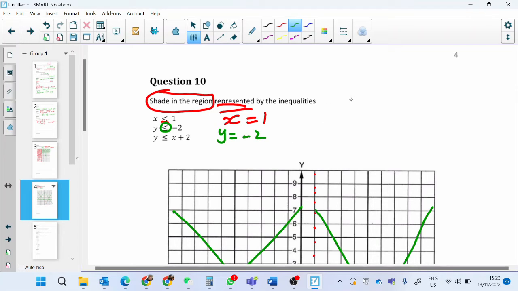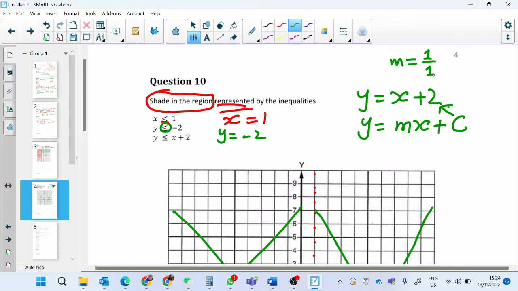So we have to plot the line y equals x plus 2. Our equation is y equals mx plus c, and c is the y-intercept. The line passes through the y-intercept and it's a positive line, and m is 1 over 1: change in y and change in x is 1 over 1.